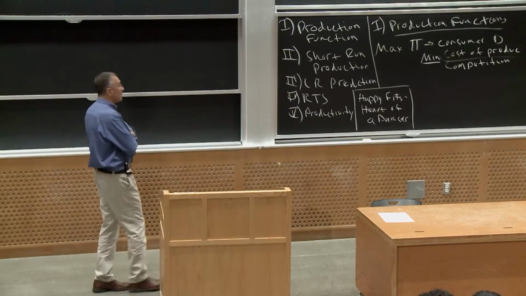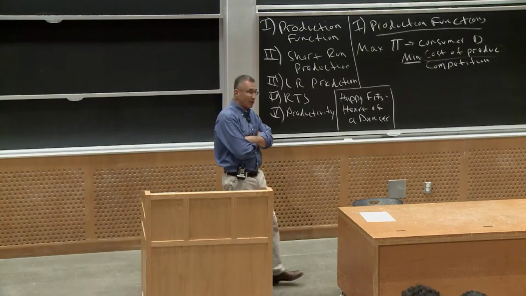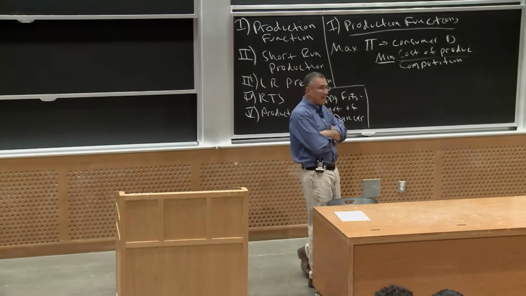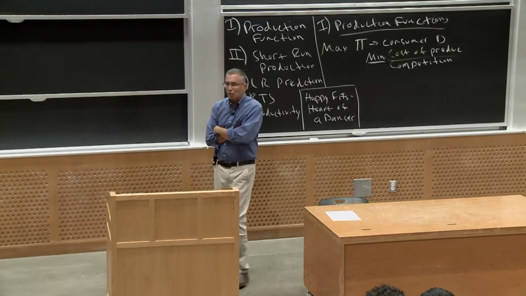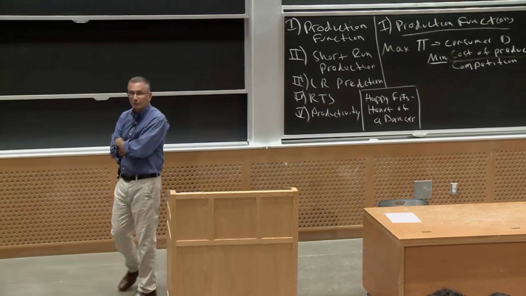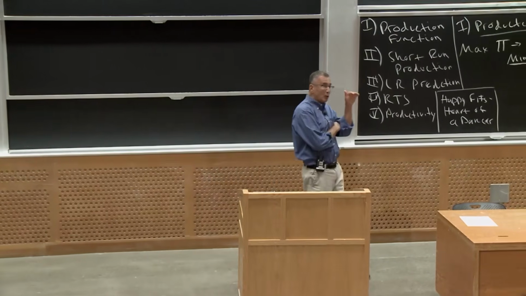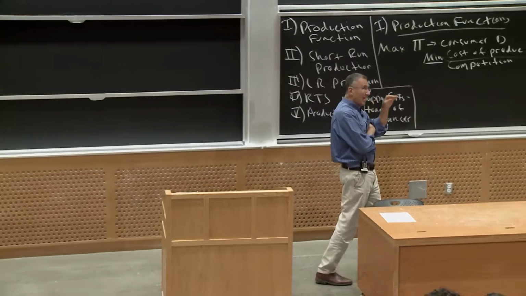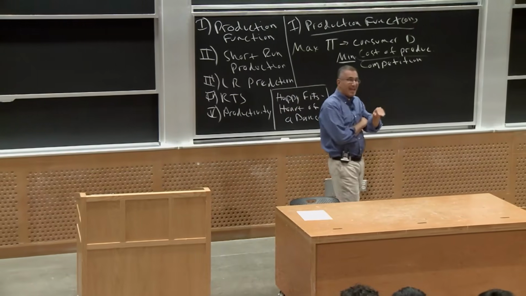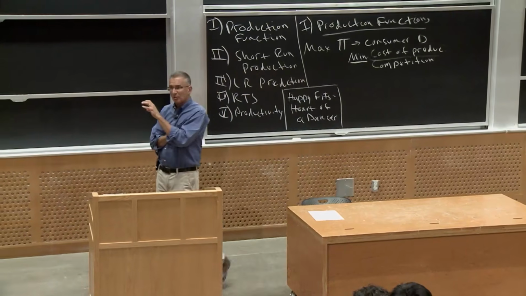Now, to understand how to minimize costs, we have to understand where a firm's costs come from. And to understand that, we have to understand what firms actually do. So in this course, firms are simply black boxes for much of the course. They're simply boxes where inputs go in and outputs come out, and in the middle is something called a production function.